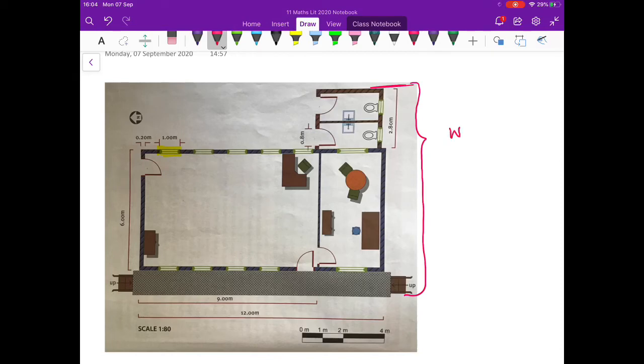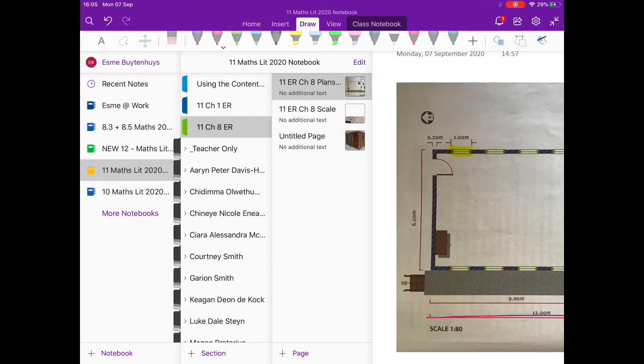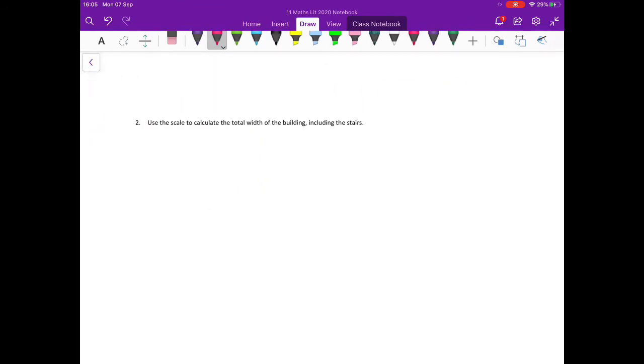And remember, width is always smaller than length. So length is always your longest side. This one was 12 meters, and you can see from your plan, which is drawn to scale, that this side is much shorter.